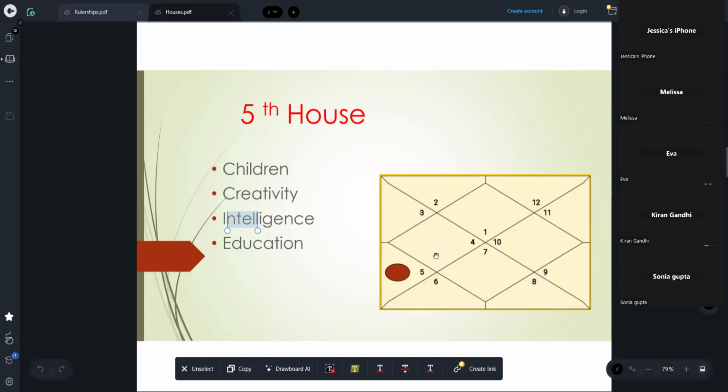Sorry, the actual house of education is the fifth house, primary education. I didn't write primary, but basically anything below post-secondary is going to be considered primary education, anything up until high school. Anything after high school, you'll go into a different house we will discuss later.